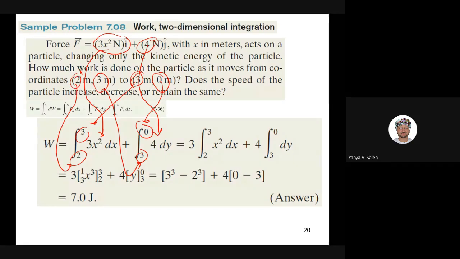Which is consistent with what we have been saying so far: work is a scalar. It's a form of energy, of transference of energy. So it's just a scalar. We don't have a direction, just a number and a unit. So 7 joules makes sense. Now, if the work done is plus 7 joules, what happens to the speed of the particle? Does it increase, decrease, or remain the same?